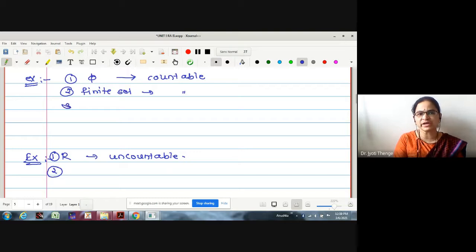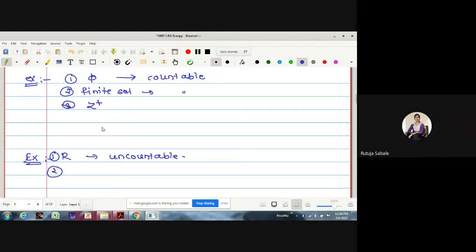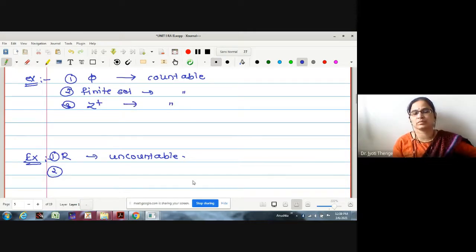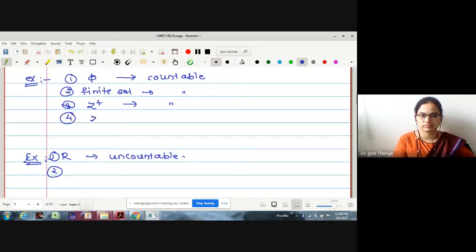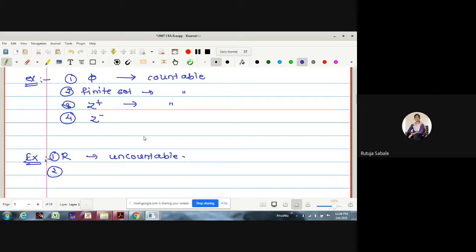What about the positive integer set, Z plus? Countable. Yes, it is countable. What about negative integers? Countable. What about natural numbers? Countable.